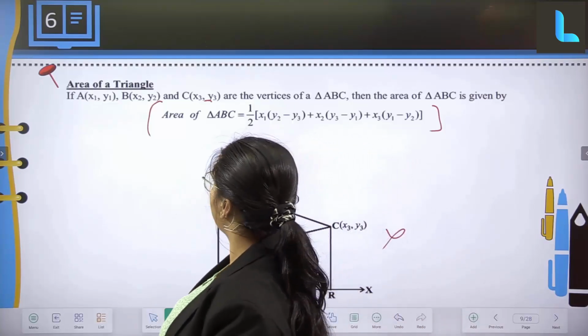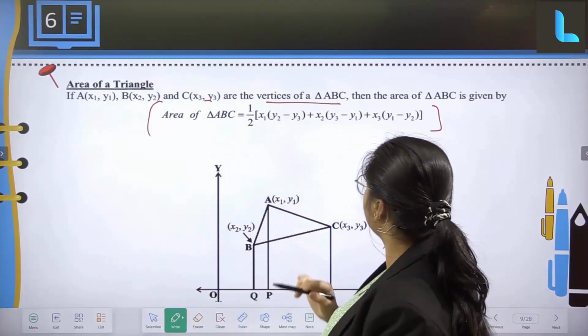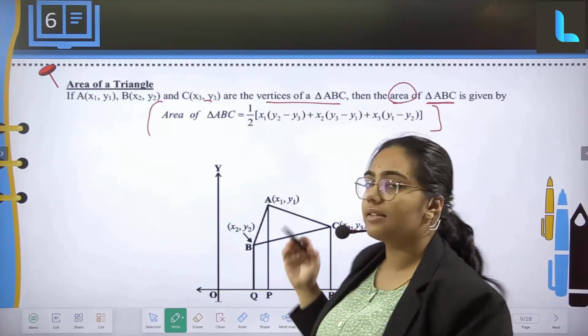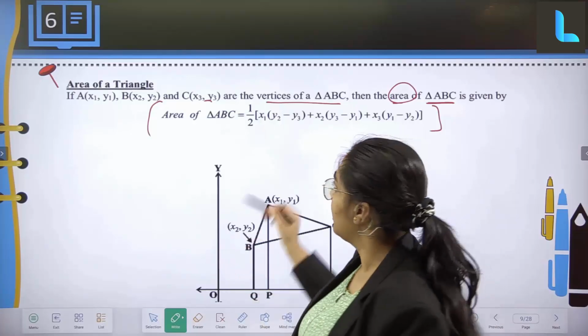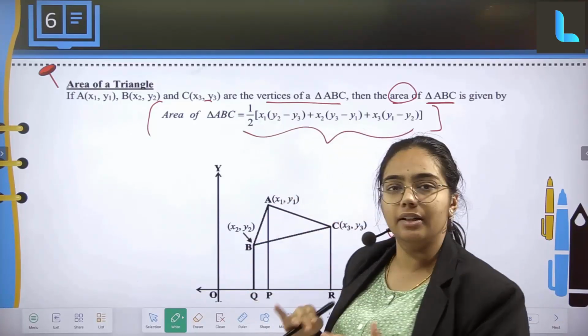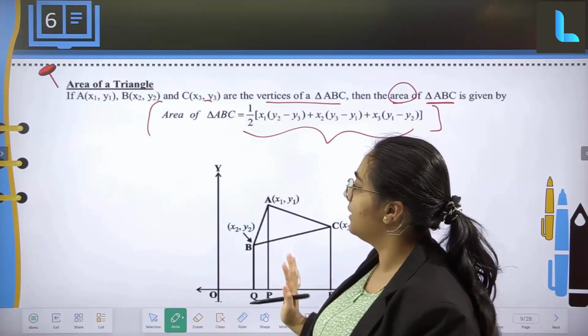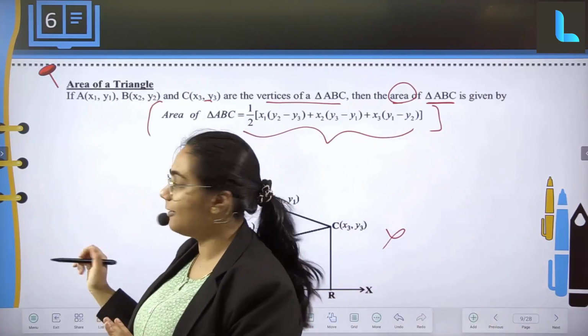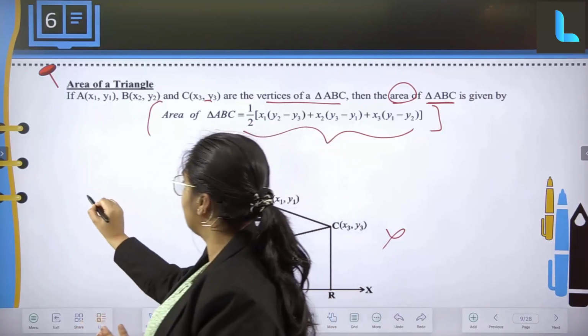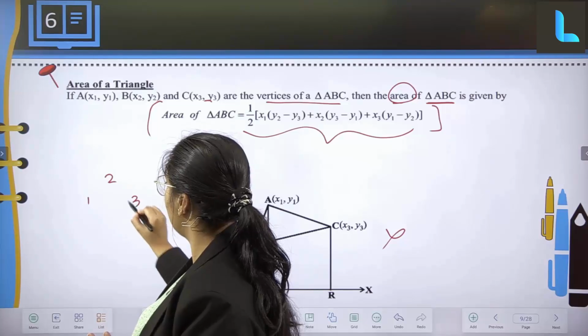Now if A, B and C are the vertices of triangle ABC, then the area of triangle ABC is given by this formula that you have to write. But just looking at the formula, it freaks you out. So how do we understand this formula, or how can we remember it? See, the numbers in cyclic order will be 1, 2 and 3.